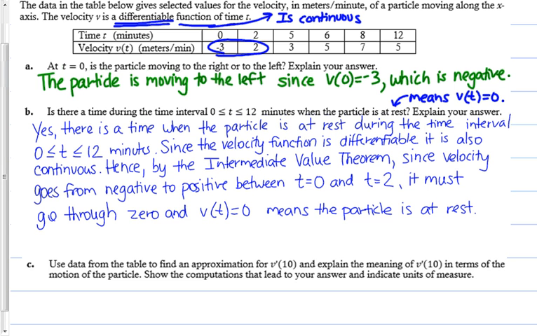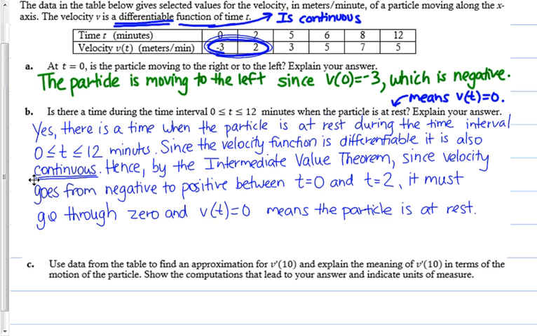Since the velocity function is differentiable, it is also continuous. Remember, I said that in the beginning. Hence, by the intermediate value theorem, since velocity goes from negative to positive between 0 and 2, it has to pass 0 on the way there. It must go through 0, and v of t equals 0 means the particle is at rest.